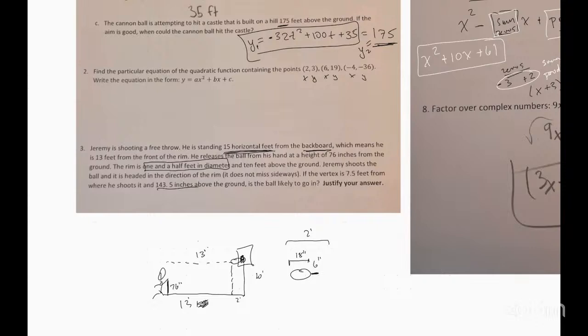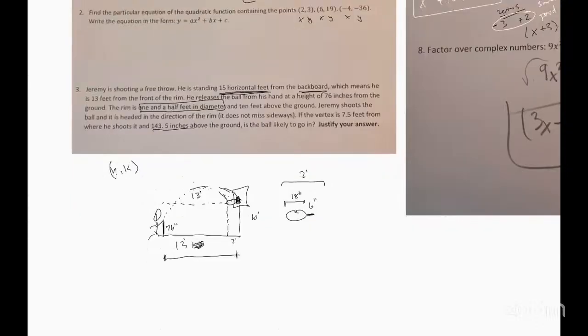We want to find out how far this distance is when the ball is 10 feet in the air. You know what I'm saying? So we've got to come up with a formula.